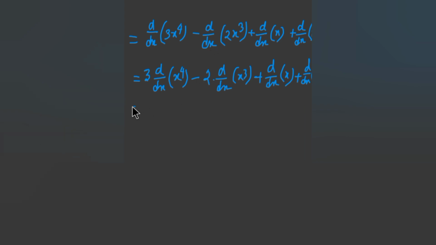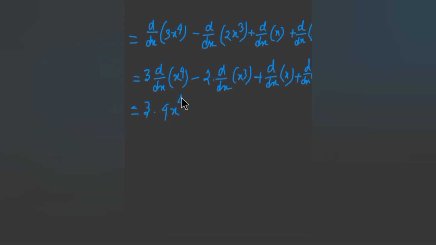Earlier we have known the rule d/dx of x to the power n equal to n into x to the power n minus 1, so we will apply this rule here.